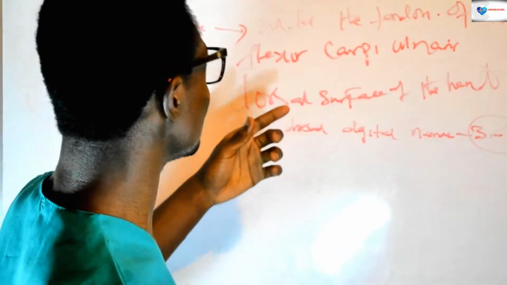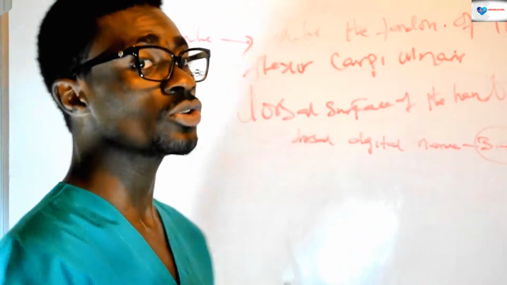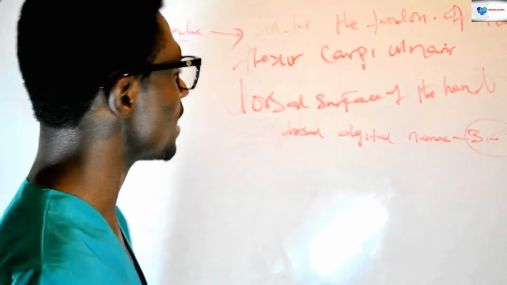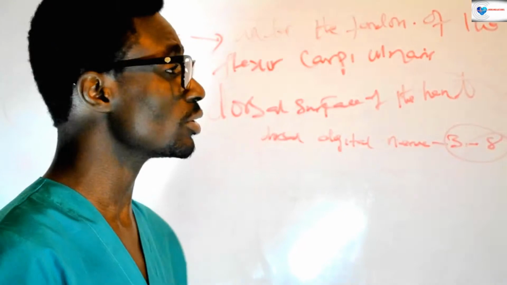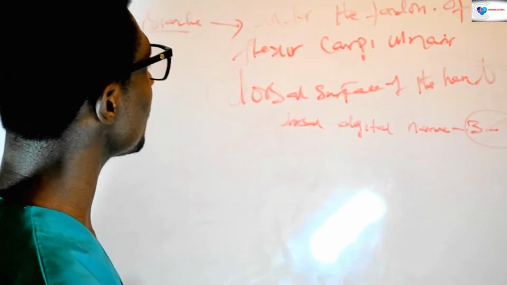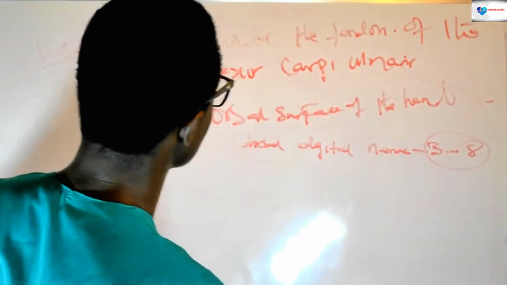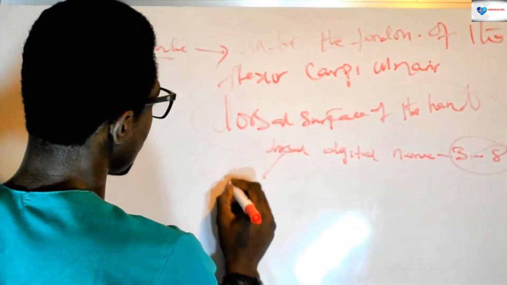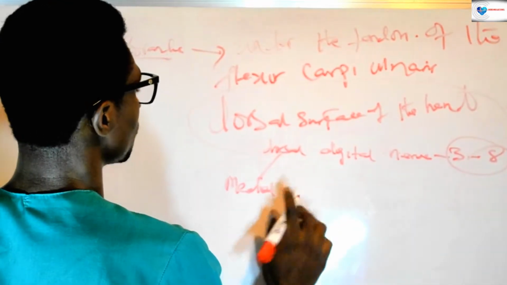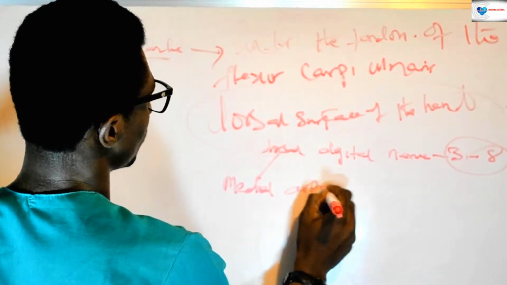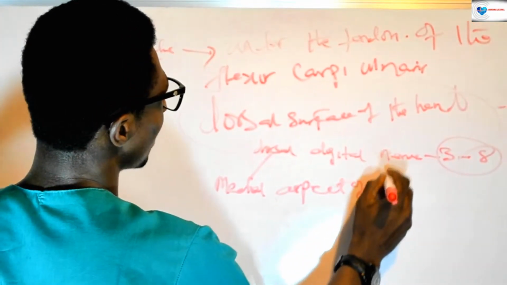So this dorsal digital nerve, what they do is that they innervate the medial surface of the hand. You understand what I'm saying? And also they innervate the medial aspect of the hand, right?